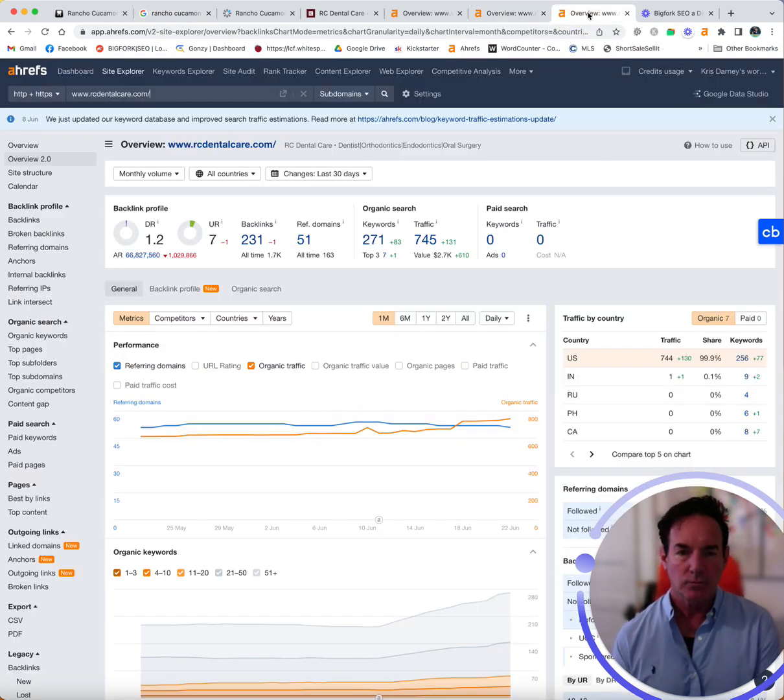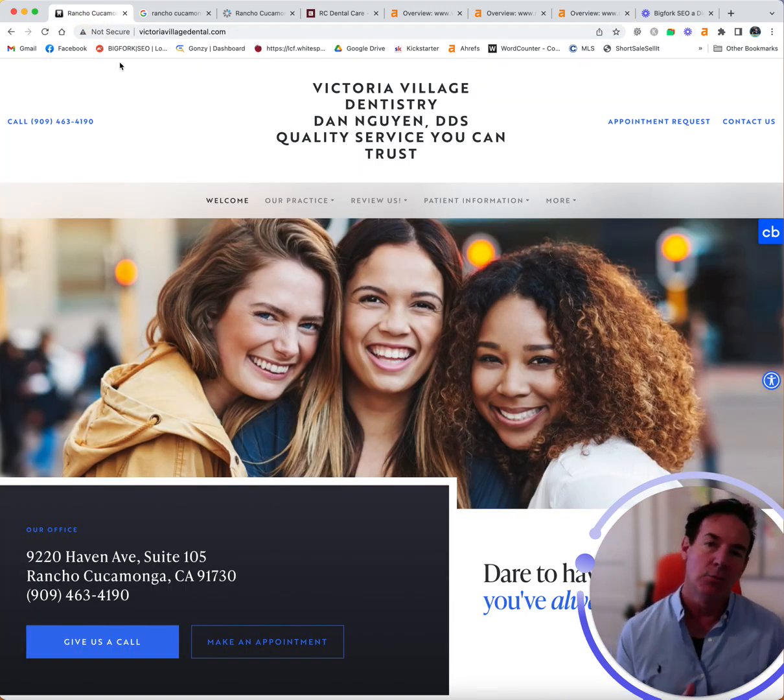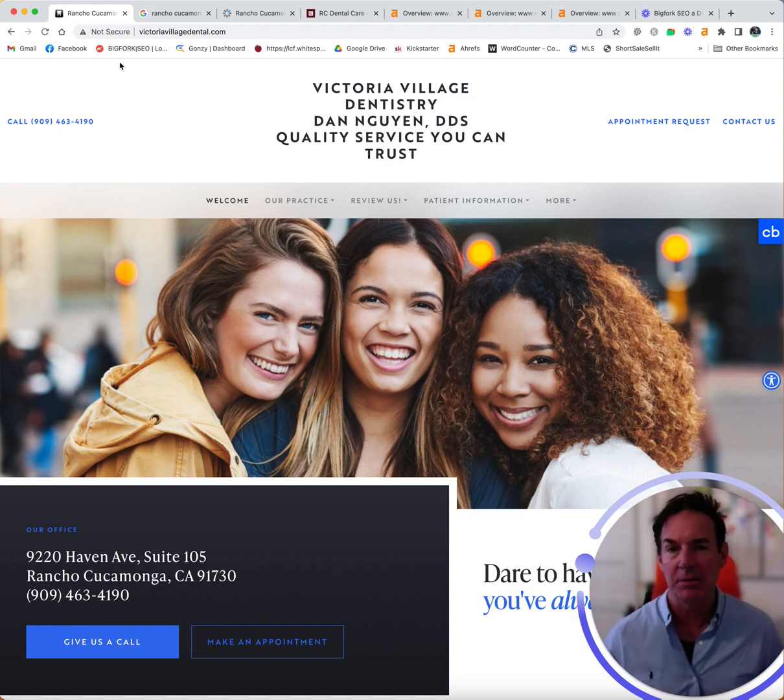So I look at your website as a piece of real estate. The more that you put into your website, the greater value it is to your practice. If you're ever looking at retiring in the future, this can be probably your most effective asset that you have for your company, and could possibly be one of your greatest financial assets.